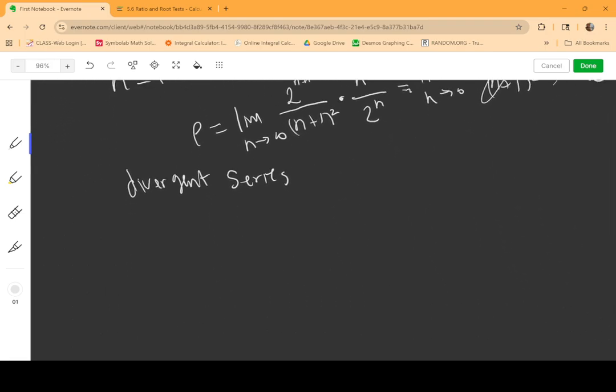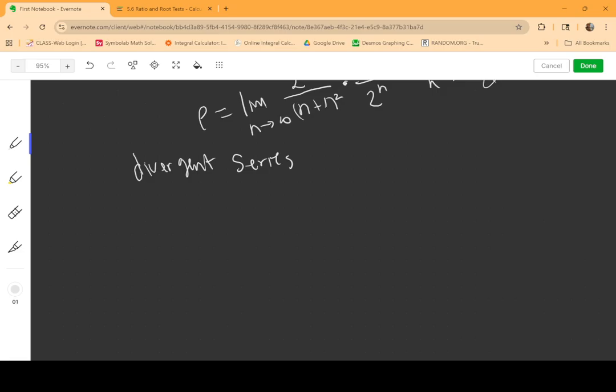Let's take a look at another example. Let's take the sum of n over 5^n, starting at n equals 1 to infinity.